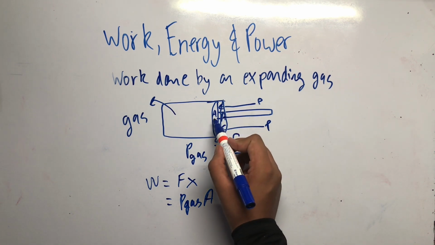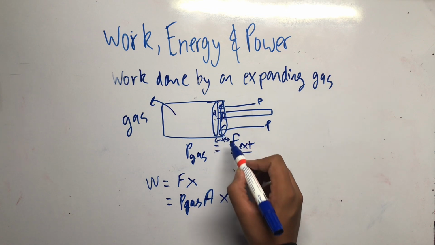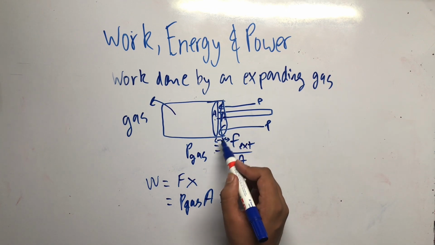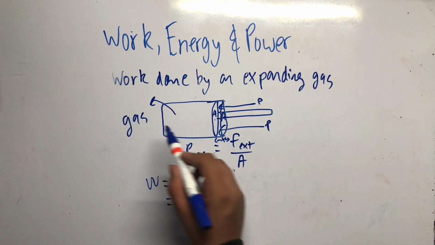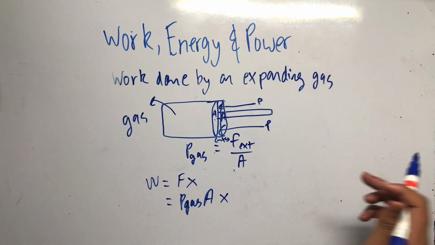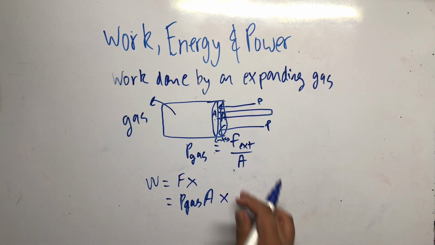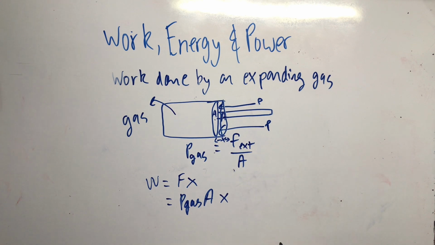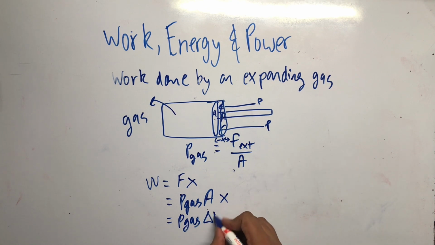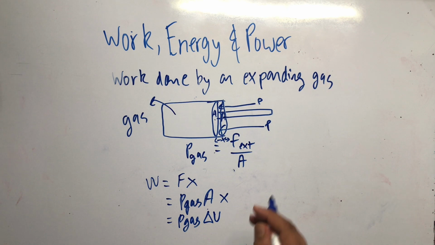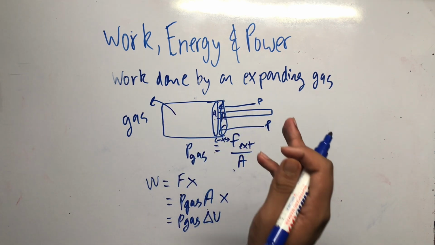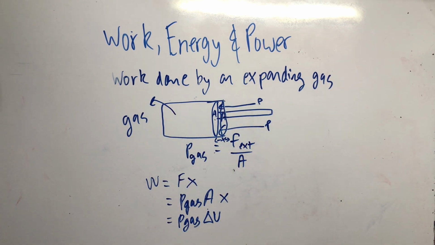And since we know that the cross sectional area of the piston times the small displacement x which the gas is doing against the constant pressure is equal to the change in the volume of the piston, we can say that work done by the expanding gas is equal to the pressure due to the gas times the change in the volume which is caused due to the gas on the piston.